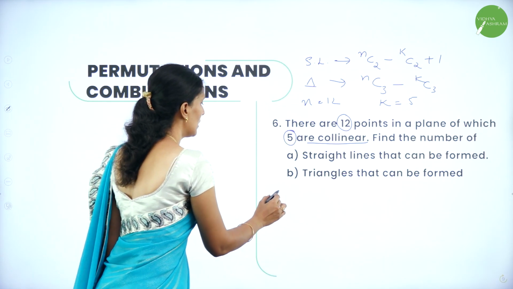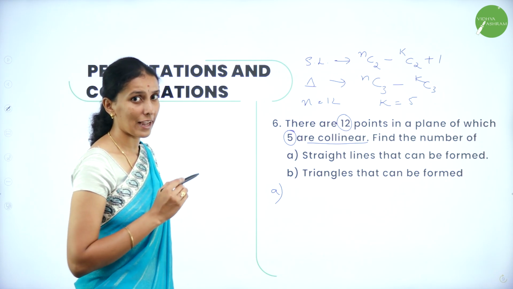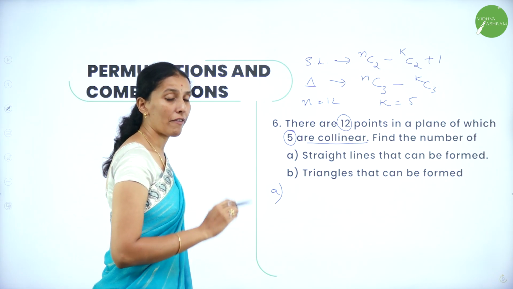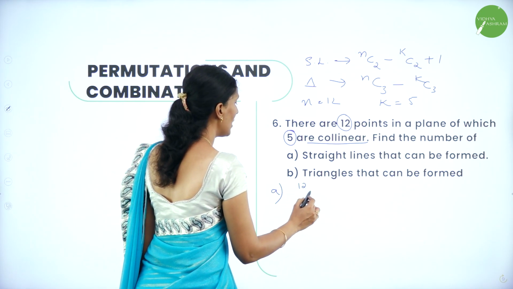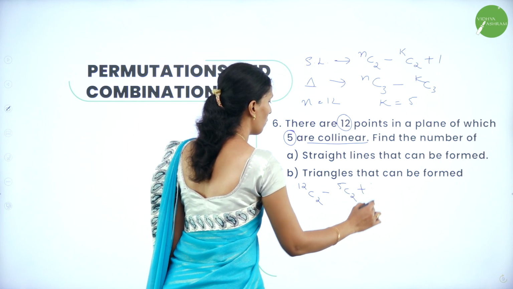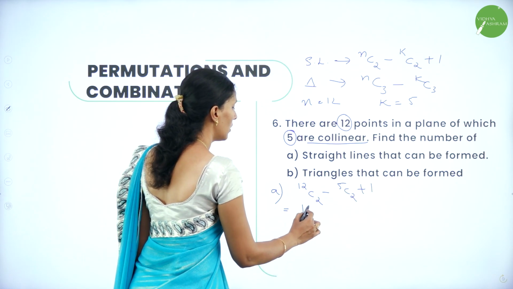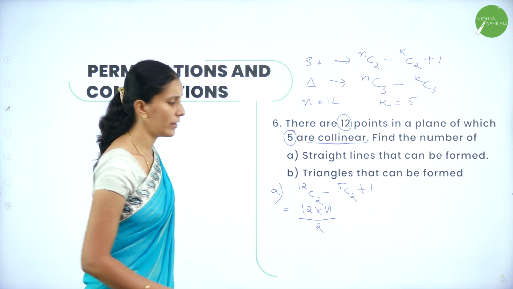Let me check question A, that is how many straight lines I can form using 12 points where 5 points are collinear. Therefore it is 12C2 minus 5C2 plus 1. 12C2 is 12 into 11 divided by 2, because 2 into 1 is 2.